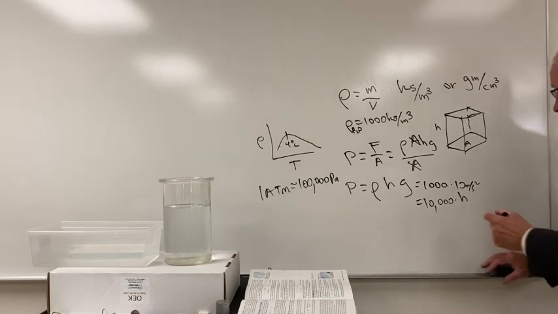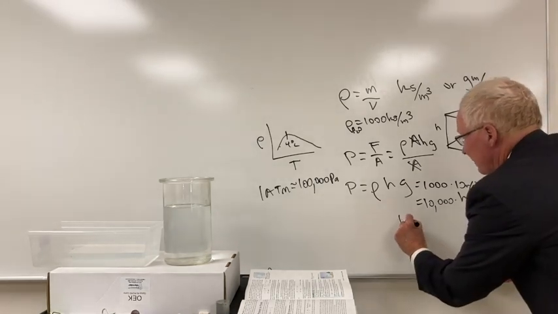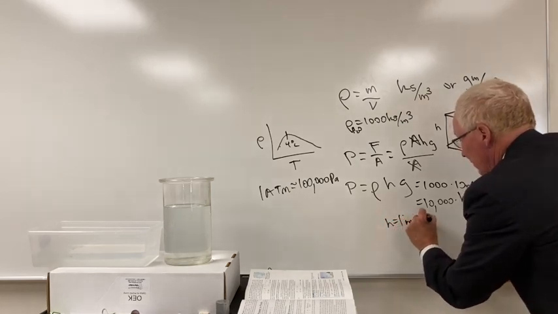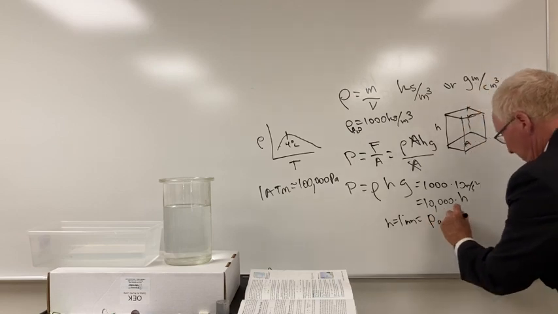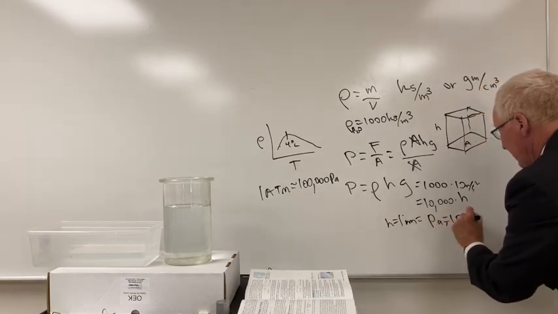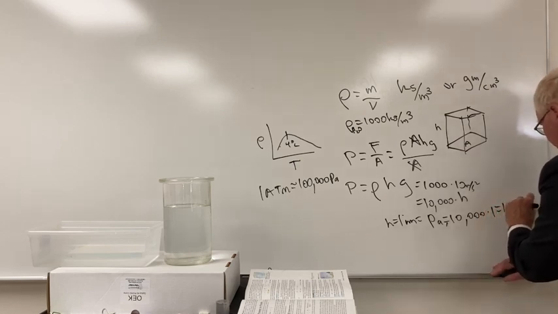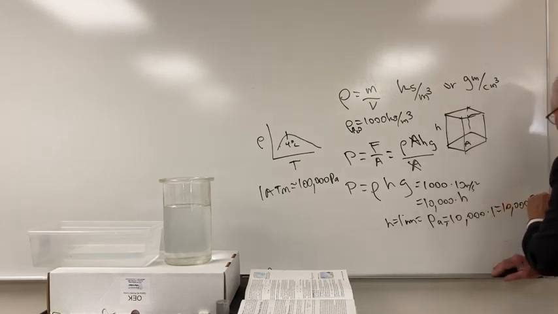So if we are at a depth of 1 meter, so if H is 1 meter, then P will be 10,000 times 1, or 10,000 pascals.